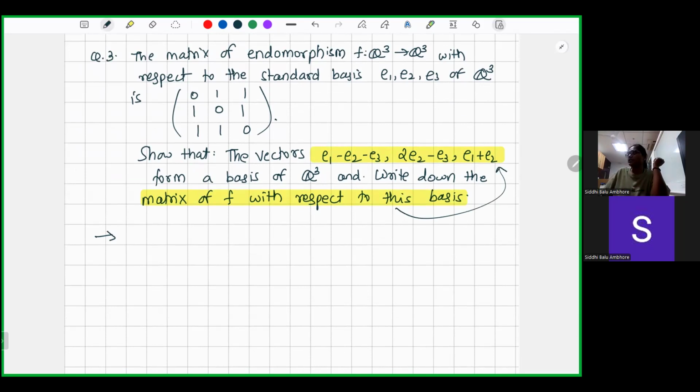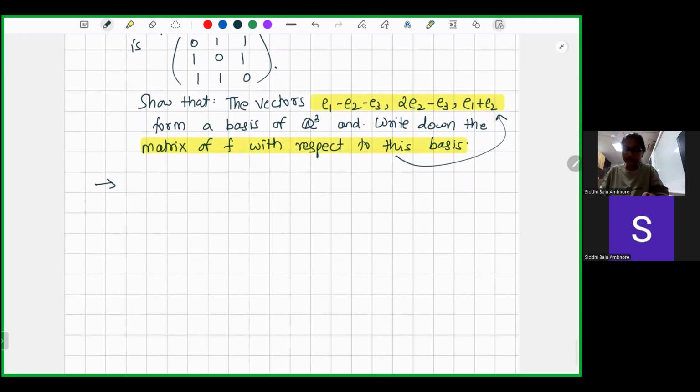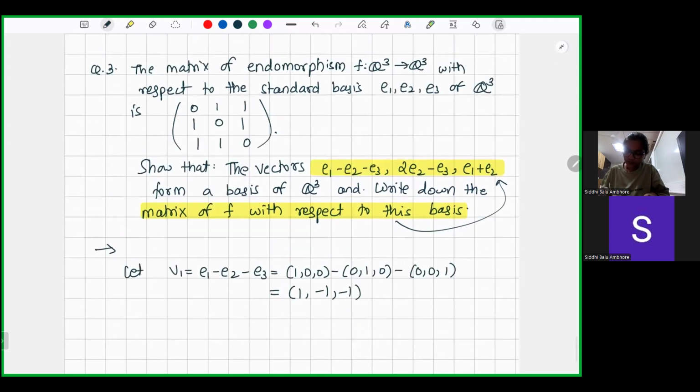So first, let us check whether it forms a basis or not. First, let us see how these elements look. Let V1 be equal to E1 minus E2 minus E3. So that is (1, 0, 0) minus (0, 1, 0) minus (0, 0, 1), that is (1, minus 1, minus 1).